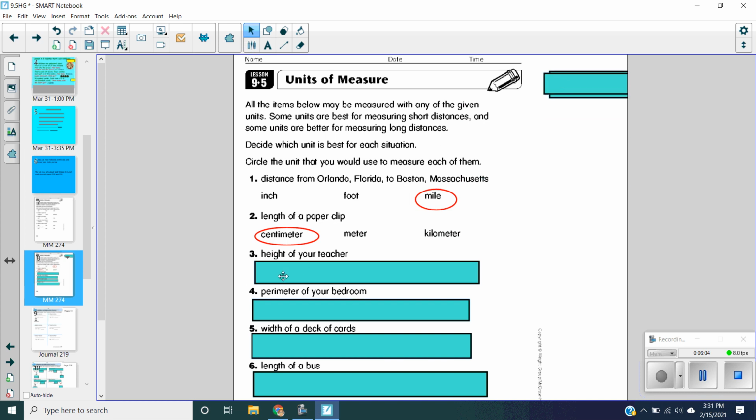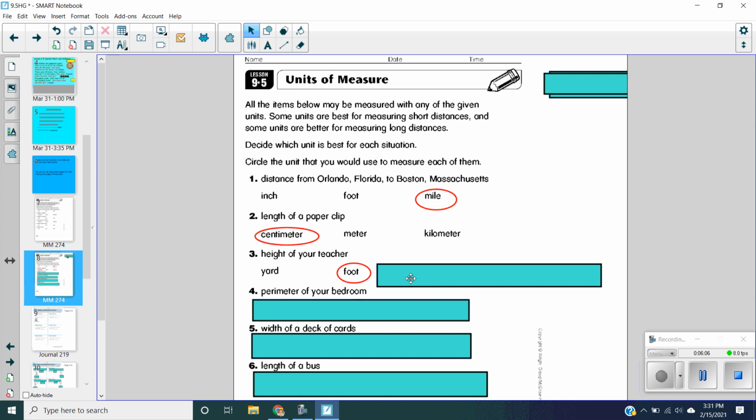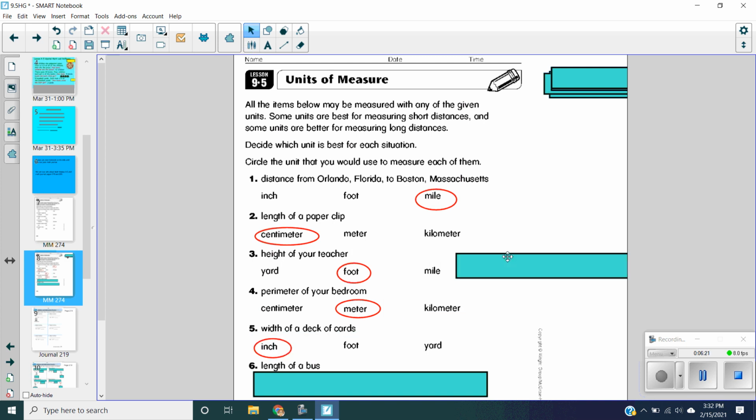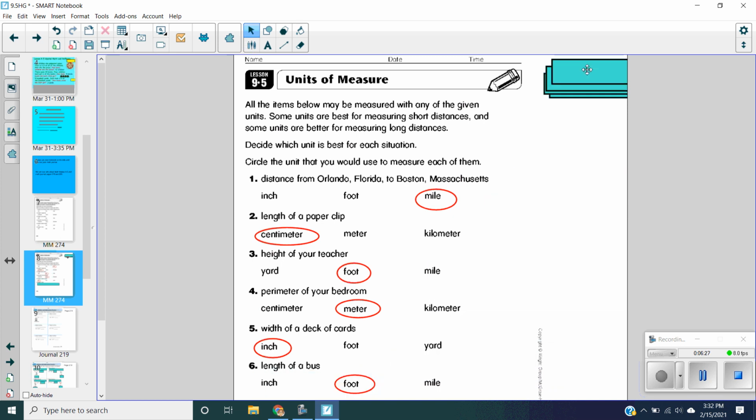The height of your teacher, you would measure with a foot. The perimeter of your bedroom, you would measure in meters. The width of a deck of cards, you would measure in inches. The length of a bus, you would measure in feet.